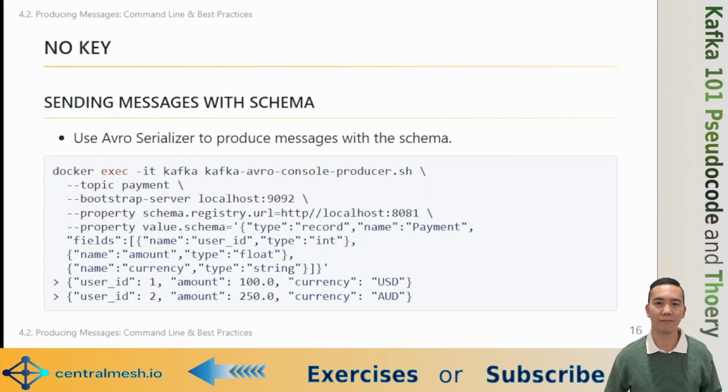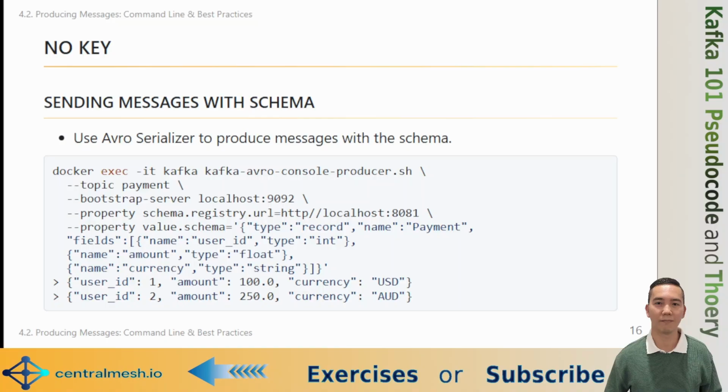Let's walk through sending messages without a key but using a schema. We use the kafka-avro-console-producer.sh command to send messages to the payment topic. This producer works seamlessly with the Avro serializer, which enforces structured data format. First, we need to specify the bootstrap server to connect to our Kafka broker at localhost:9092.